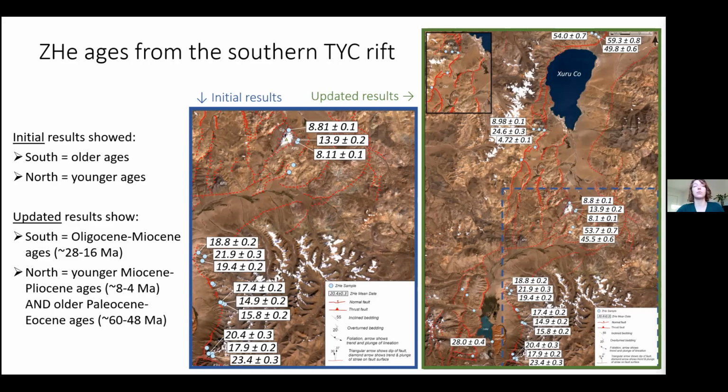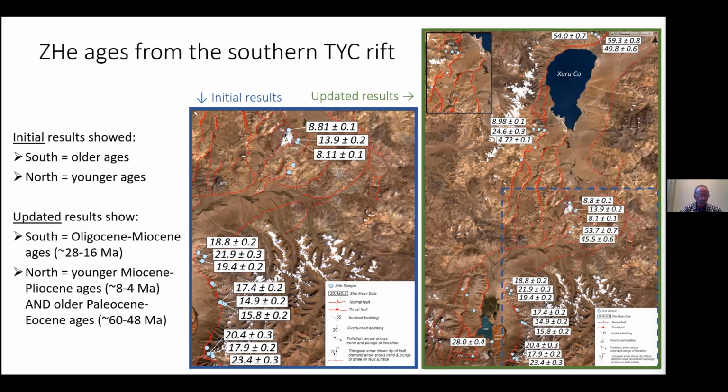If we had a broader map to look at, there would be ages in these similar ranges all throughout the Gangdese range. So I think we're thinking more along the lines that these are related to exhumation and uplift due to uplift of the Gangdese range, versus these younger ages actually reflecting rift processes.